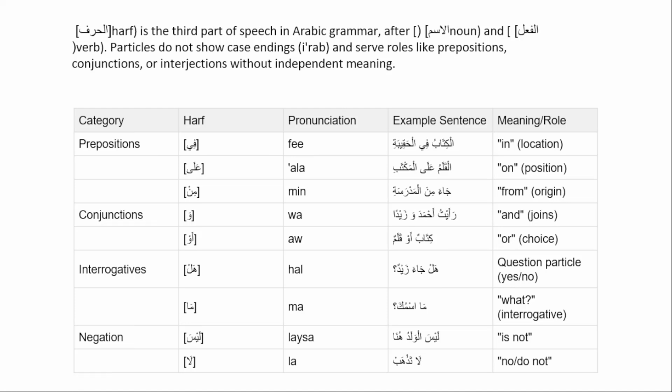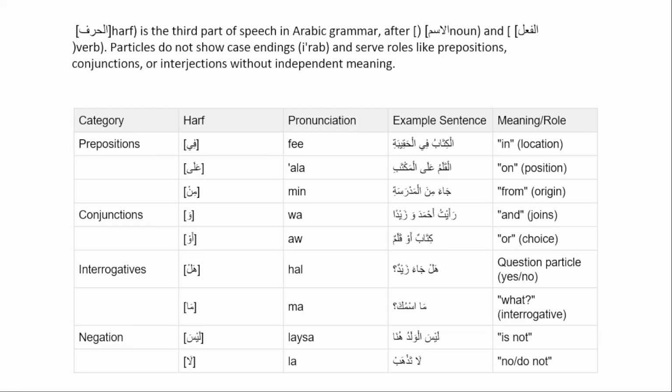So obviously, when you translate to English, it has to be something in English which we can understand. So it cannot always be 100% right. For example, hal could mean is or did, depending on the type and meaning of the sentence.